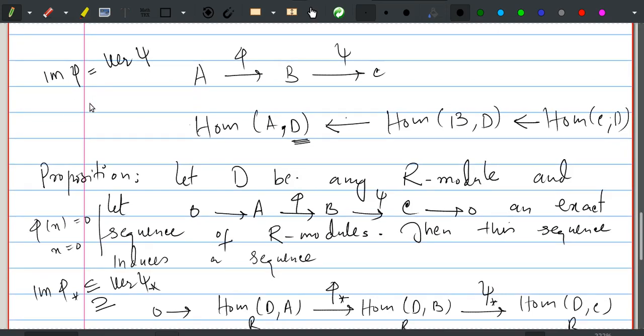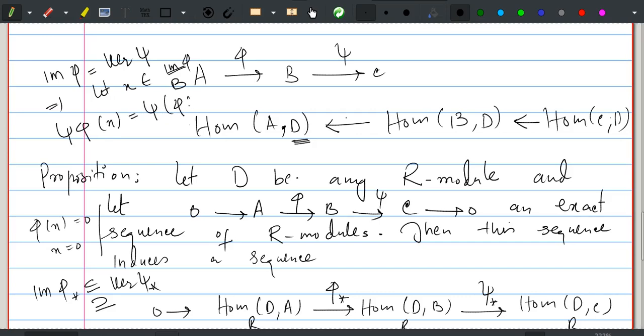Now we have to prove this. So let x belong to image of phi, or suppose x belongs to B. Therefore psi phi of x is the same as psi of phi x.